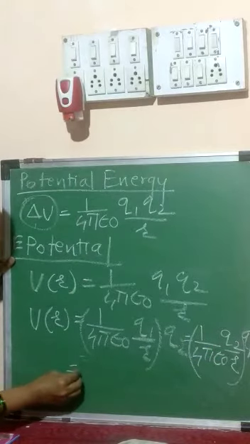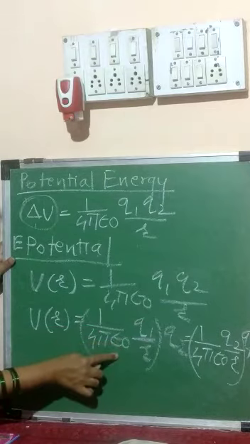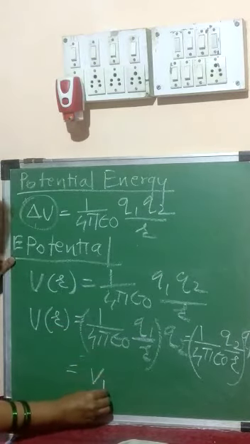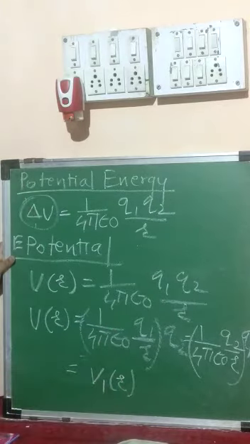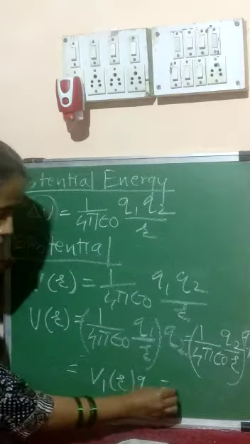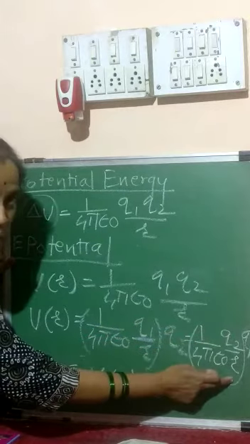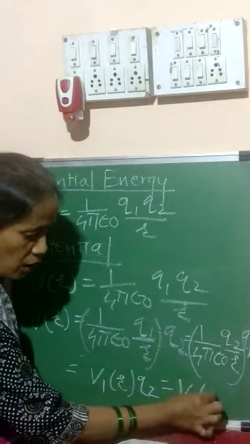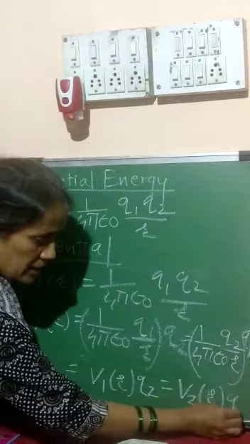Now this term, 1 upon 4 pi epsilon naught Q1 upon R, is the potential V1 of charge Q1 at a distance of R, into Q2. It is equal to the second term, 1 upon 4 pi epsilon naught Q2 upon R, which is the potential of the second charge at distance R, multiplied by Q1.